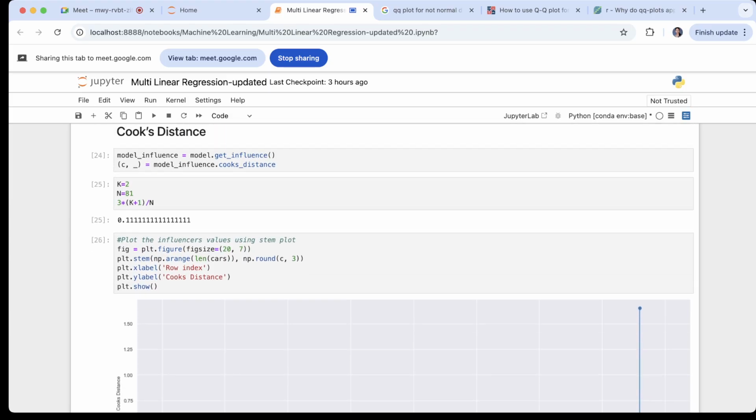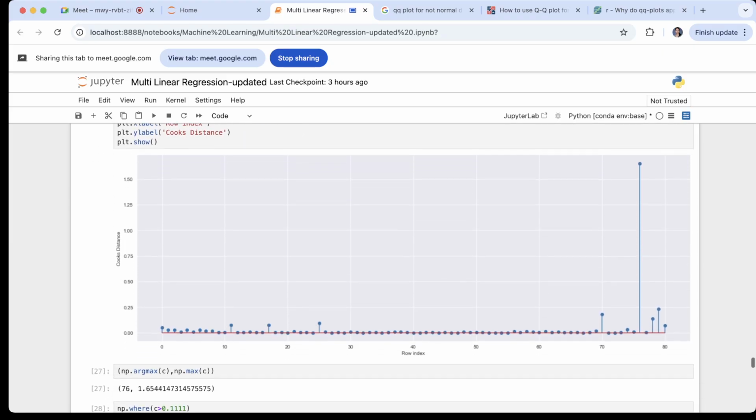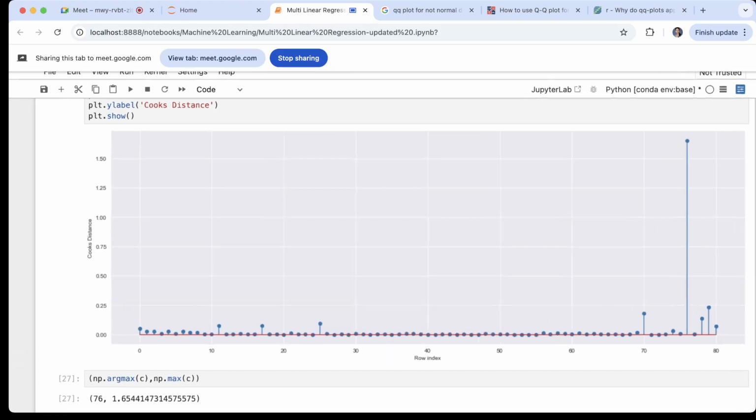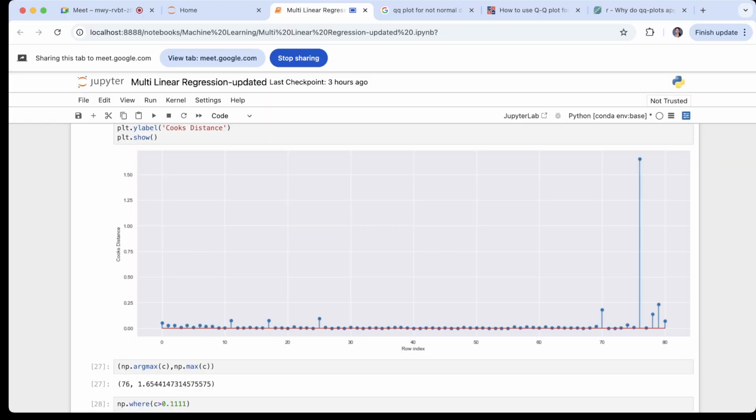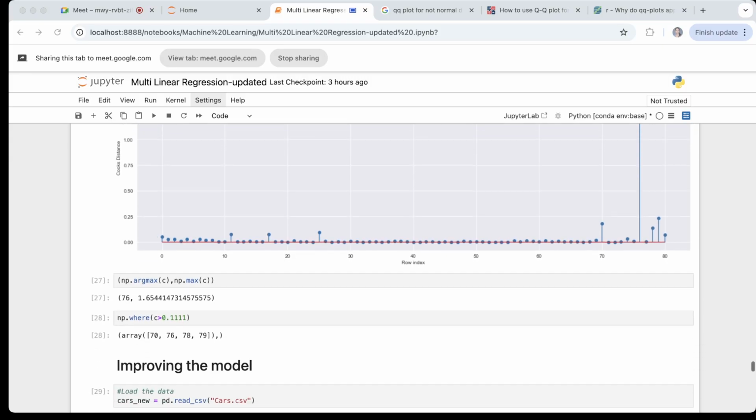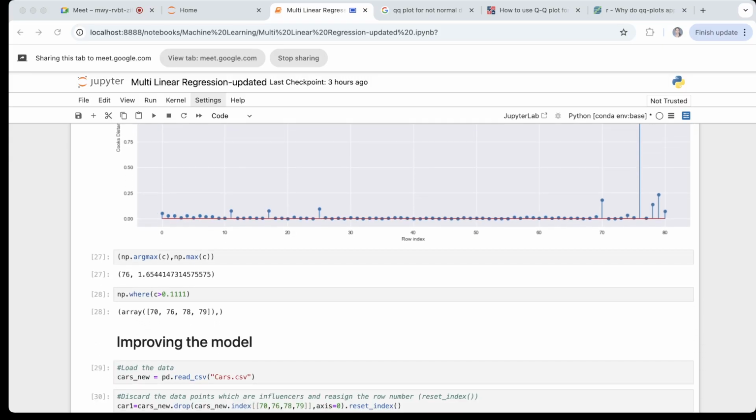So now once we have all the distances, we will plot those. Now you can see there are some distances for which Cook's distance is higher. So the distance is higher. Now we will check where.